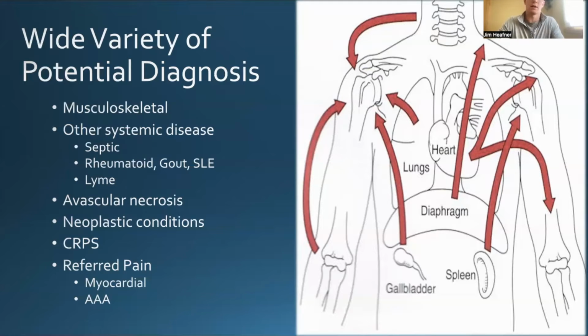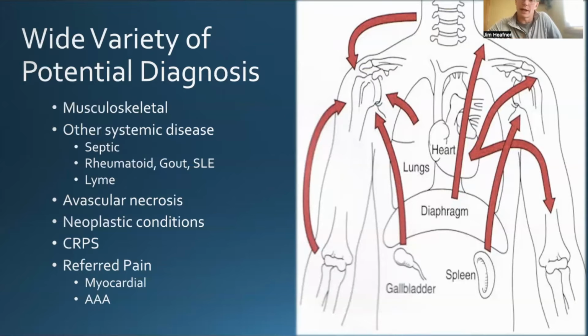Things like cancer, they're probably going to be feeling unwell. They might be feeling feverish, with weight loss and night sweats. Those are the things we need to be thinking about if it's non-musculoskeletal. As I said on the previous slide, the first thing that I think of is a myocardial infarction, or an MI.